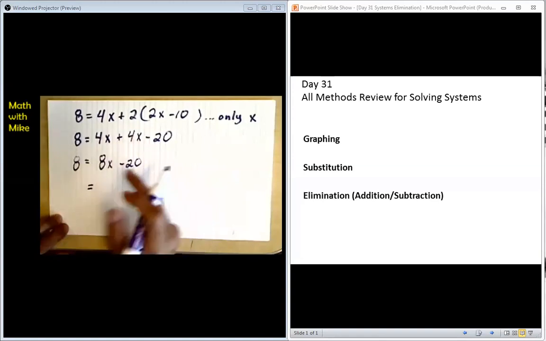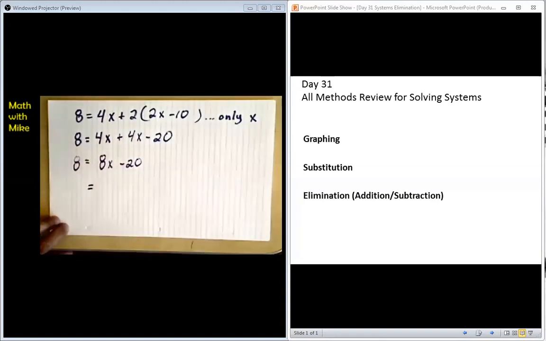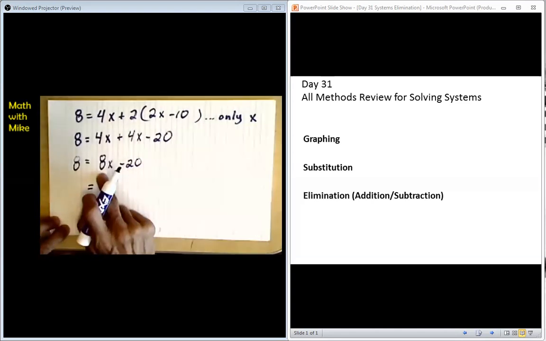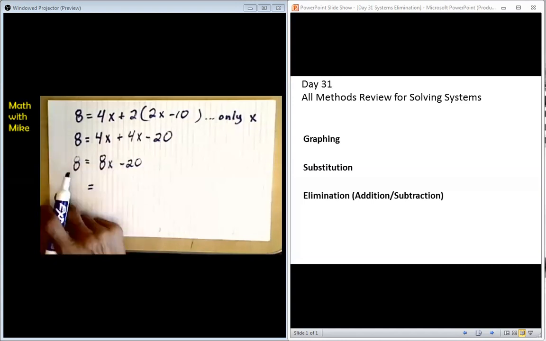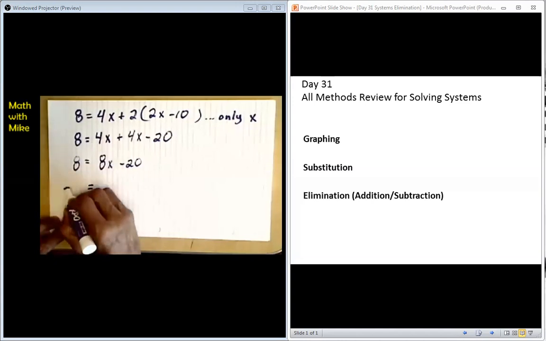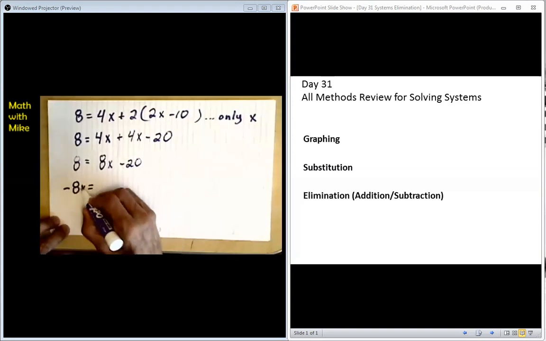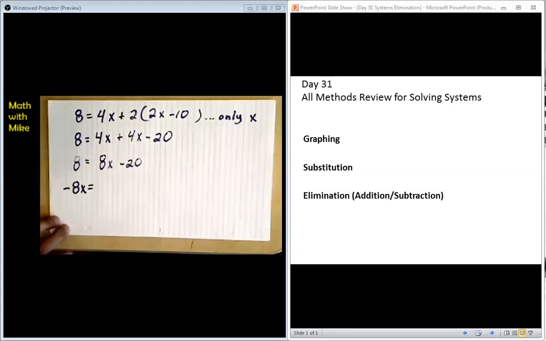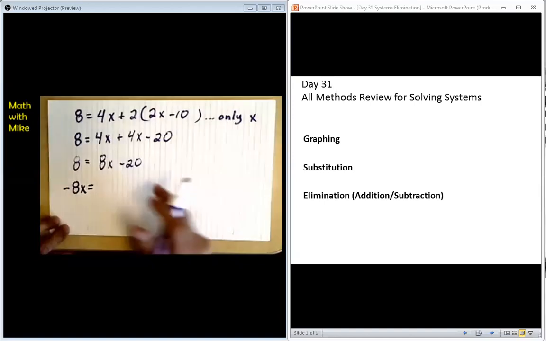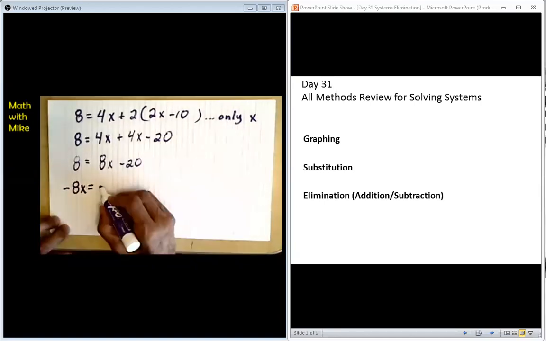Move the 20 to the other side, what happens? 8x is positive, so what do you think? You want to move the 8x? Okay. So it's often on the left, right? So that means the 8 goes to the other side as well. Exactly.